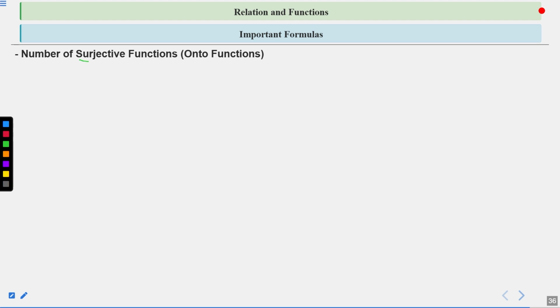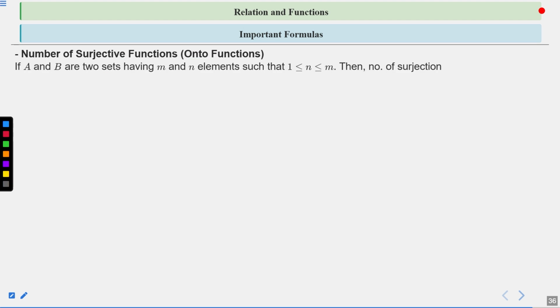Now, what about surjective functions, meaning onto functions? If A and B are two sets having m and n elements such that n is greater than or equal to 1 but less than or equal to m, then the number of surjections, surjection meaning onto functions, we will have this much.